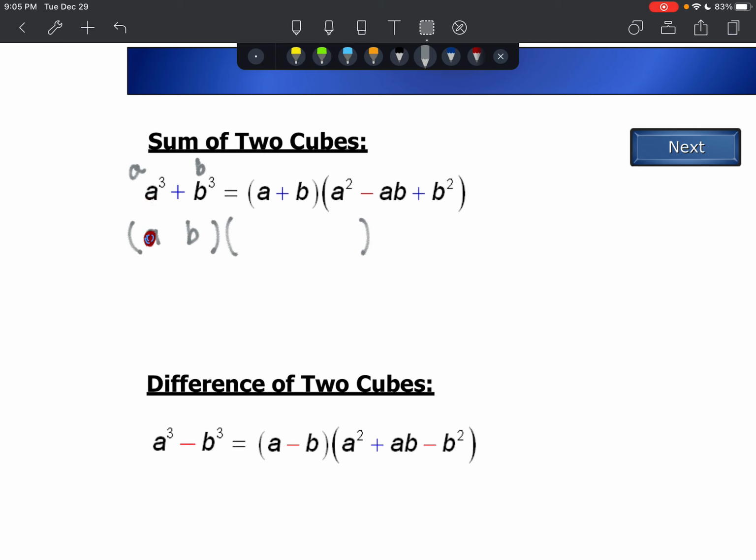So the bouncy, bouncy means a times a. A times a is a squared. So bouncy, bouncy, that's a squared. Bouncy over, that's a times b.